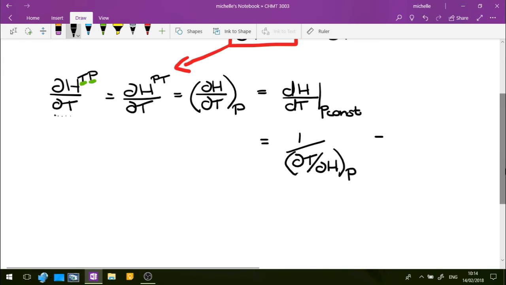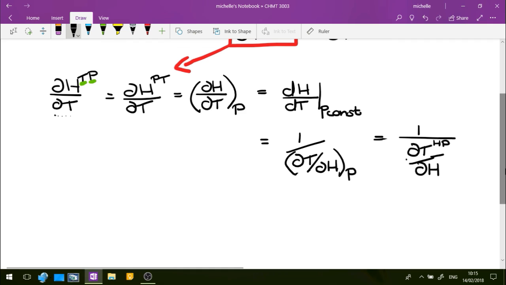Yes, it's also equal to 1 over, I'm going to leave out my brackets, the partial derivative of T with respect to the partial derivative of h, but now, as was picked up, T is a function of h and P was kept constant.